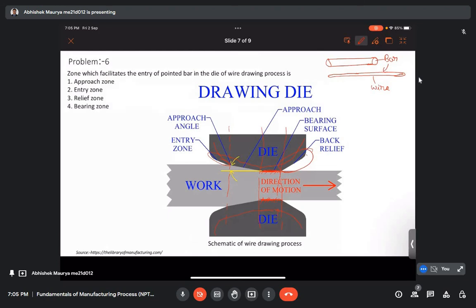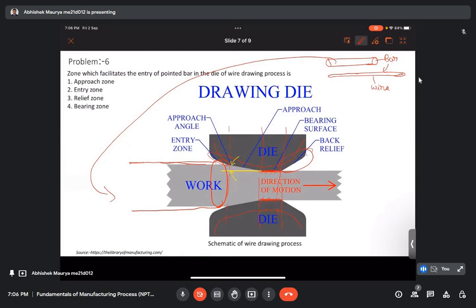So how is this done? Suppose we take a cylindrical bar and directly try to put it into the die. Will it be able to pass through the die? No, it will not be able to pass through the die. Suppose this is the bar and we directly try to feed it into the die without doing anything.